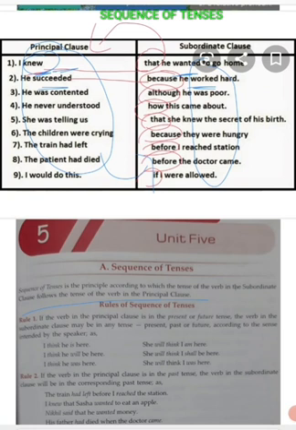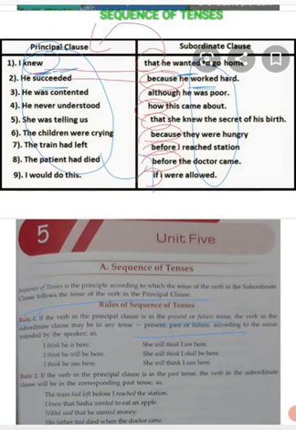So first rule, if the verb in the principal clause is in present or future tense, this is important, the verb in the subordinate clause may be in any tense, that is past, present or future, according to the sense intended by the speaker.